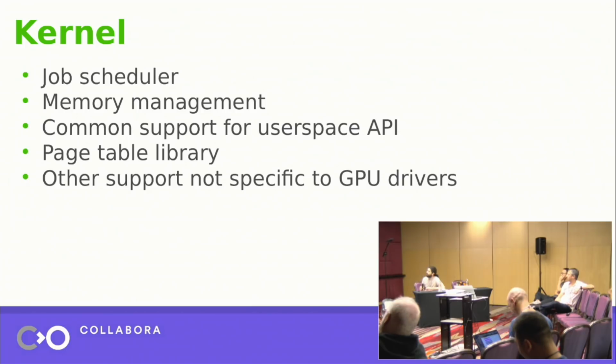Etnaviv uses it, Panfrost uses it, I guess Lima also, I haven't checked. We have a lot of memory management helpers in DRM itself, which also leverages memory stuff elsewhere in the kernel, so the DRM drivers don't have to invent all that again.